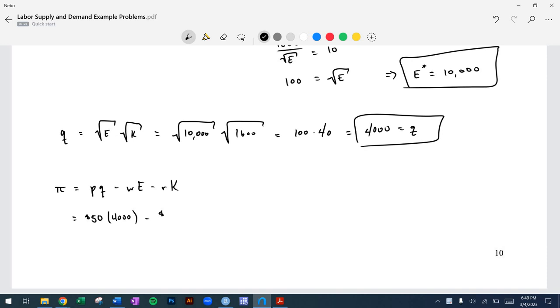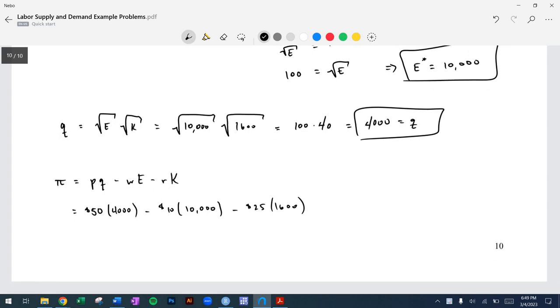The wage is $10 times 10,000 workers. The rental rate of capital is $25 times 1,600 units of capital. We plug that in and solve, and we'll end up finally with a profit of $60,000.